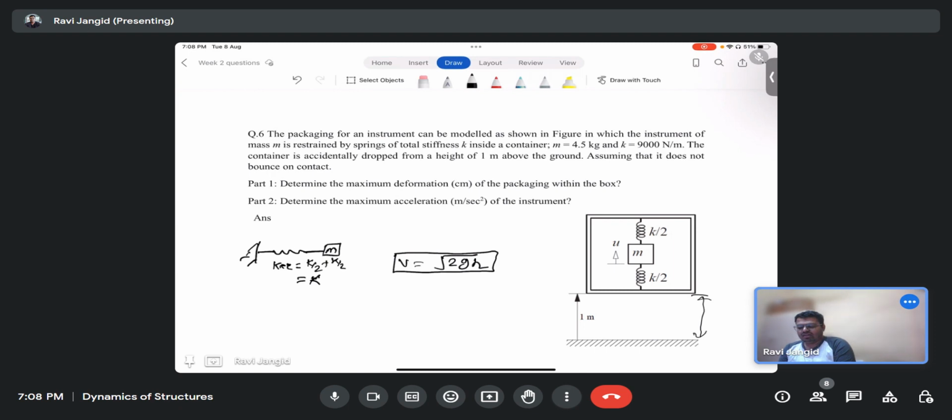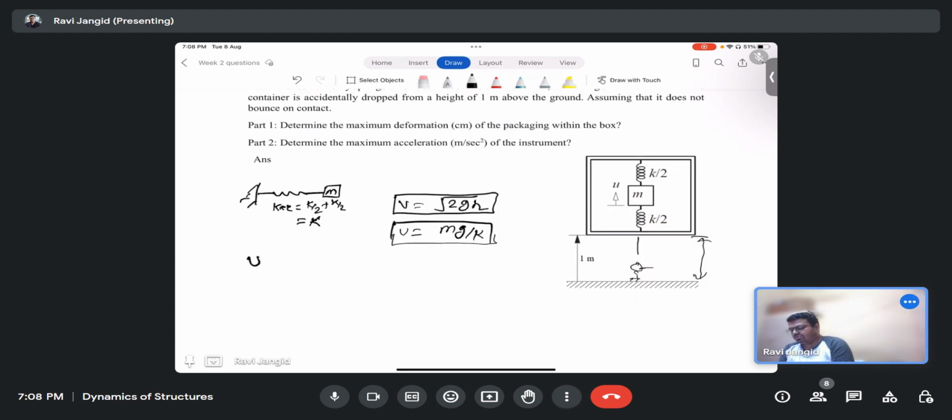If the system mass with certain stiffness hits the ground, there is some initial displacement due to this mass, which would be mg by k, the initial displacement. Okay. So u0 is mg by k, and u dot 0 is square root of 2gh.